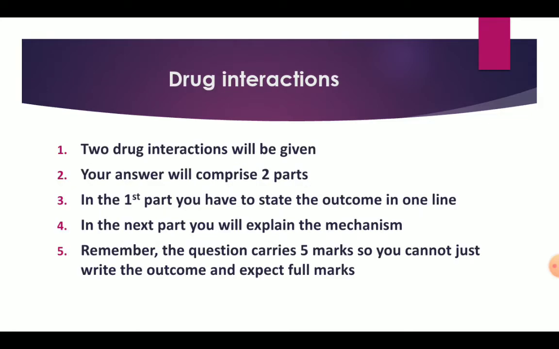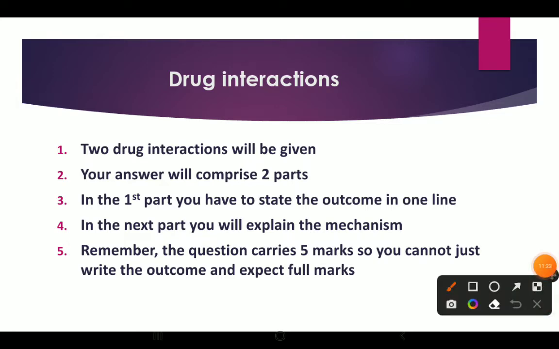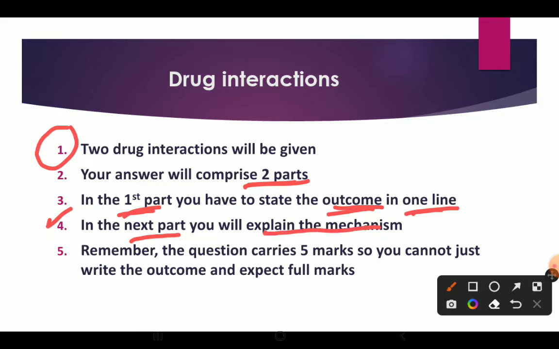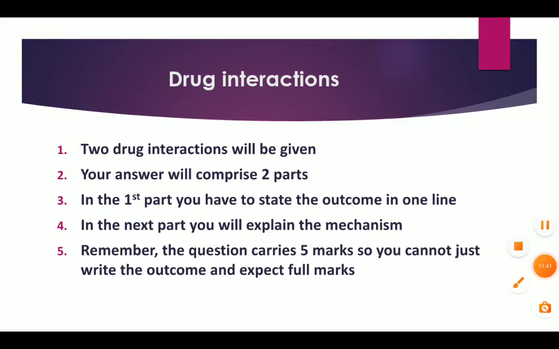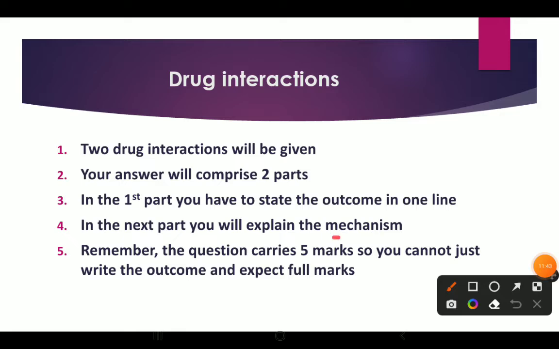Now come to the drug interactions. So you will be given 2 drug interactions and your answer will comprise 2 parts. In the first part you will have to state the outcome, okay, in one line, just the outcome, and in the next part you will explain the mechanism.